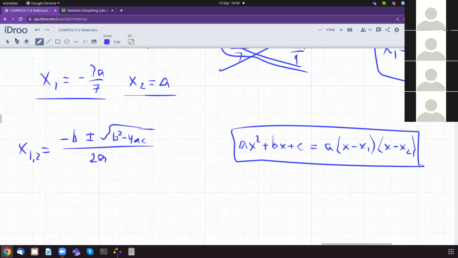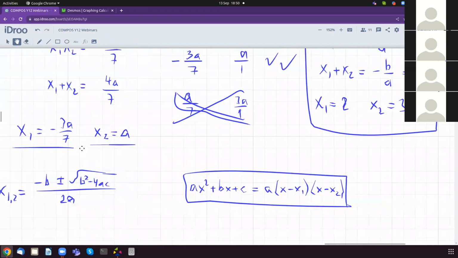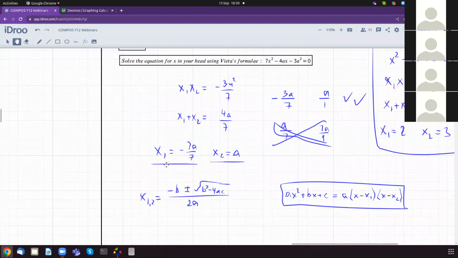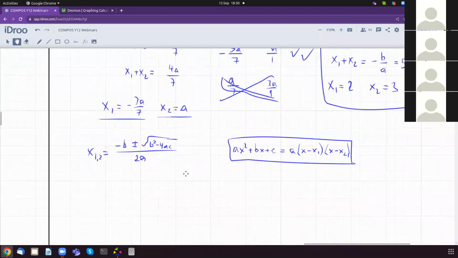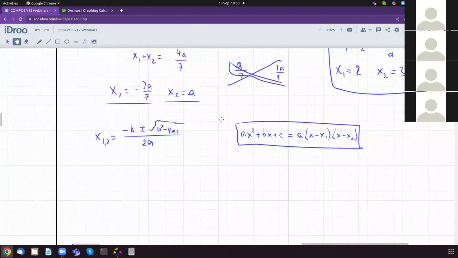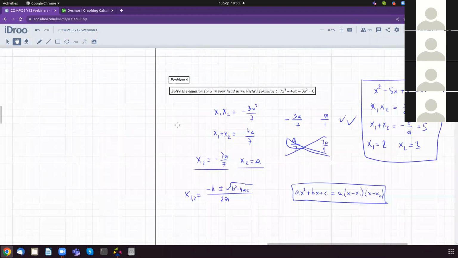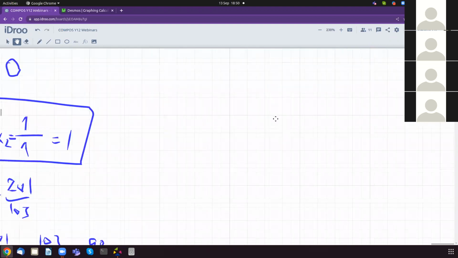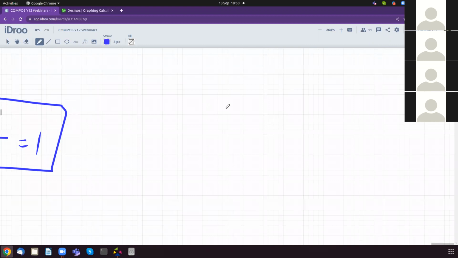Cubics, yes, it's a bit more. For cubics, you have 3 expressions, and you can look it up. So you have x1, x2, x3, because there are 3 solutions.